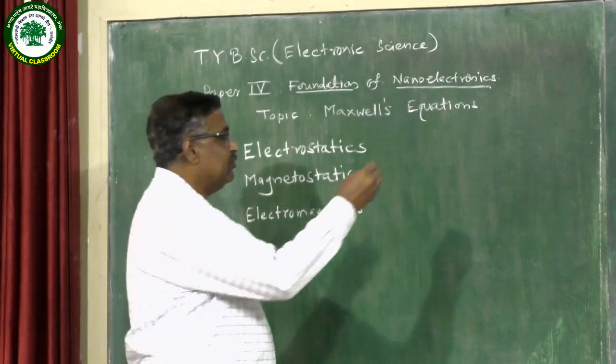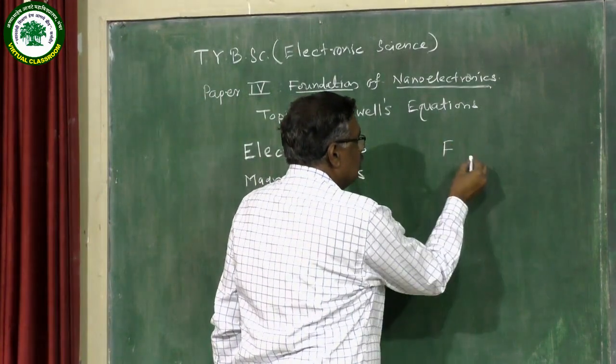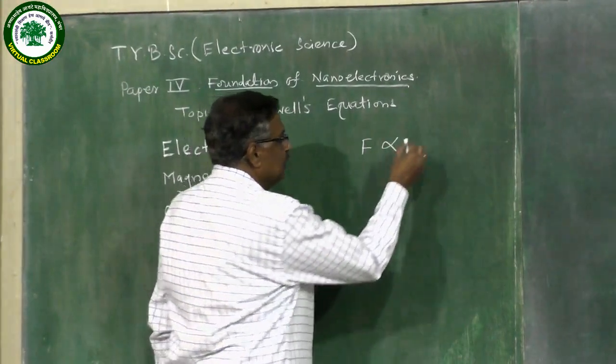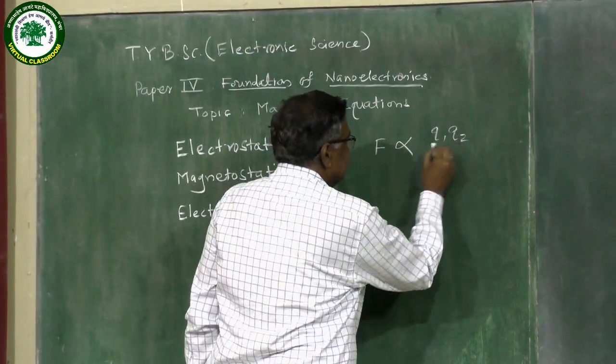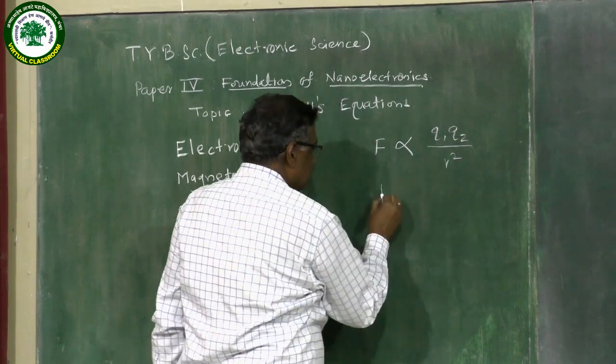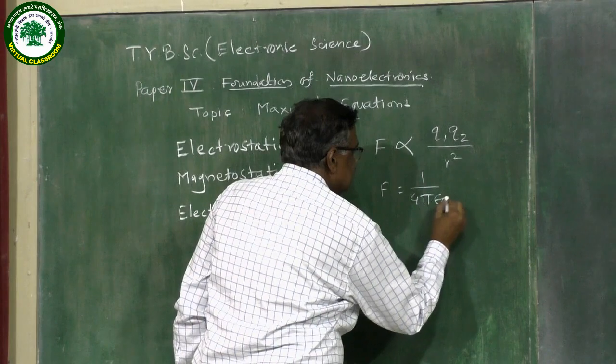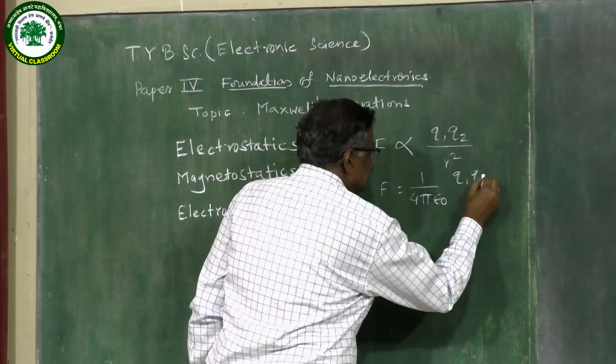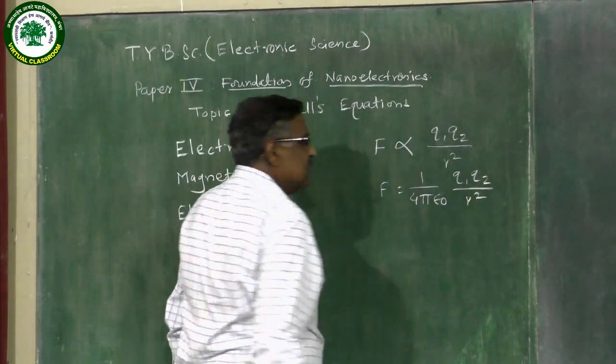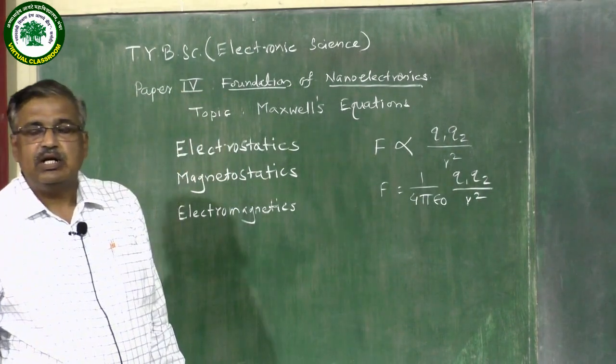The expression for the force according to Coulomb's law is F equal to Q1 Q2 divided by R square, where the constant of proportionality is 1 upon 4 pi epsilon 0, so F is equal to 1 upon 4 pi epsilon 0 into Q1 Q2 divided by R square.